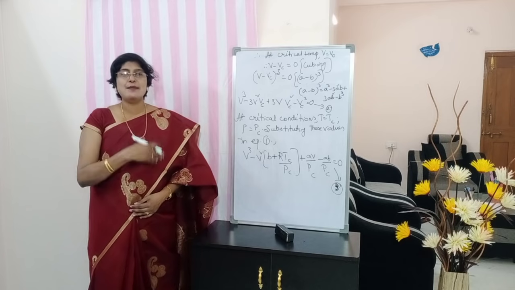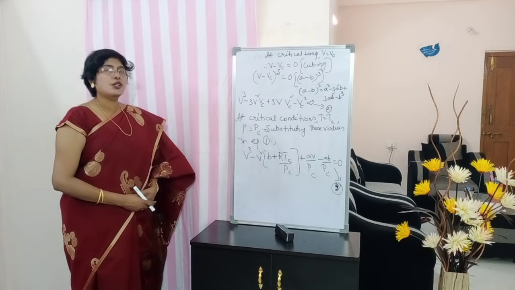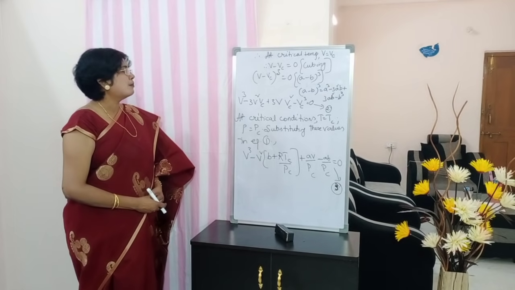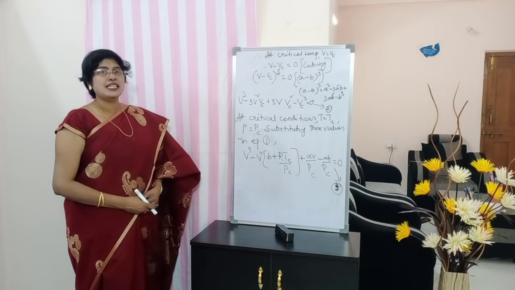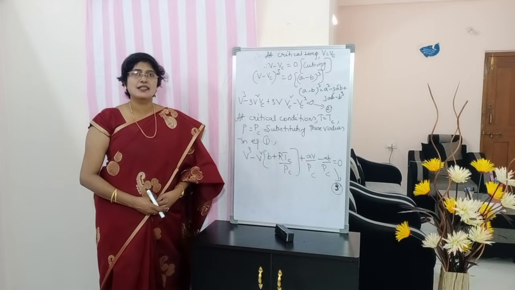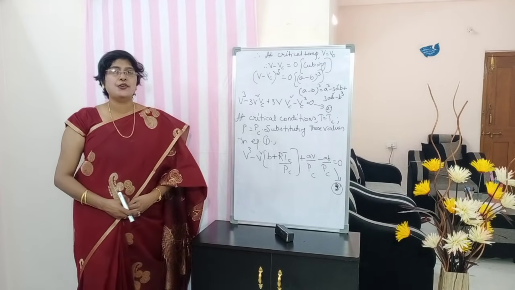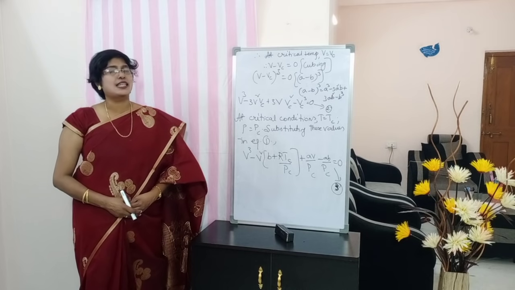Same you apply to V minus Vc whole cube. So what do we get? V cube minus 3v square Vc plus 3v Vc square minus Vc cube is equal to 0. Now mark this equation as equation number 2.